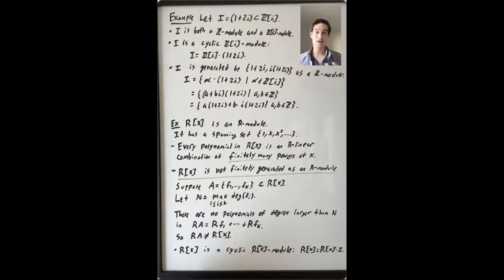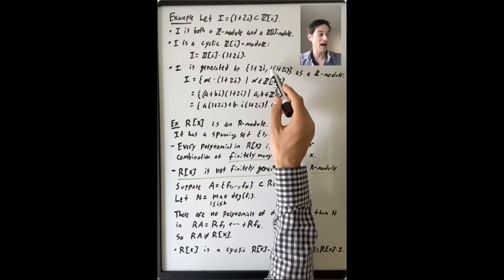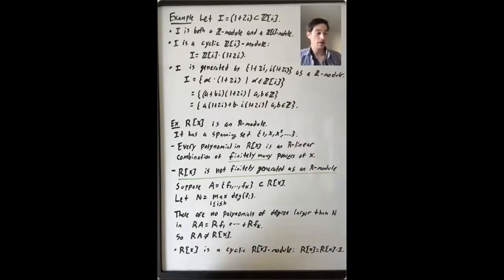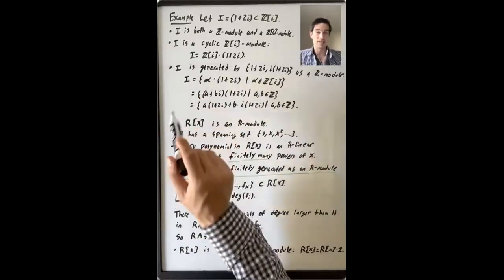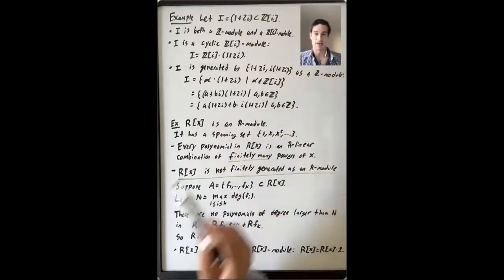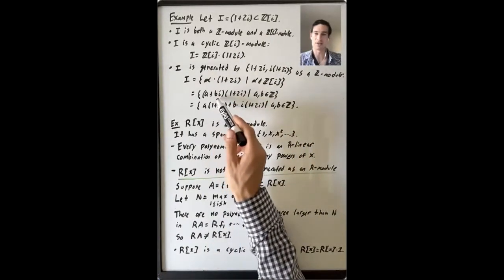What about a generating set of this abelian group as a Z module? Well, it's generated by 1 plus 2i and i times 1 plus 2i as a Z module. Why is that? What's really in this ideal? It's all the things of the form alpha times 1 plus 2i, where alpha is in Z adjoin i. Let's rewrite alpha as a plus bi, where a and b are integers.